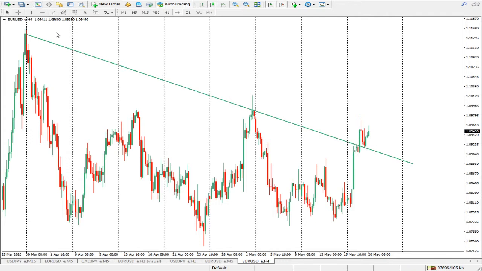You remember yesterday I drew a line like this, and like this. Then I mentioned that if the price broke above this level, we'll simply wait for it and continue buying to the upper side.